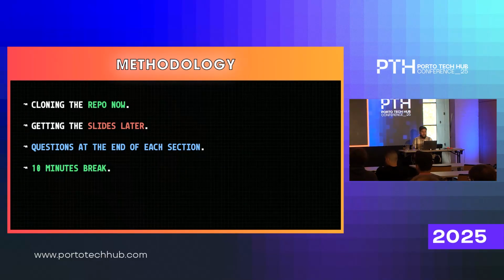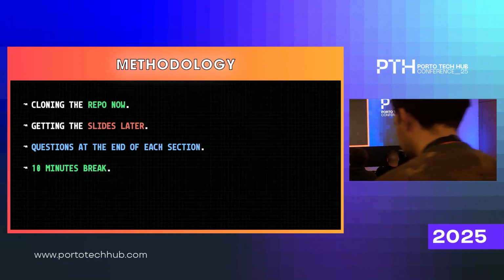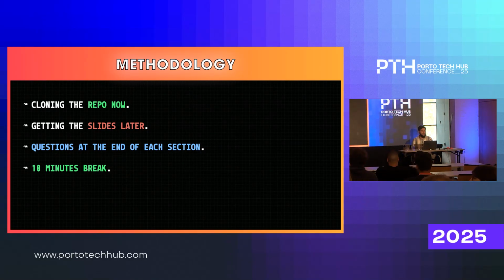So the methodology is, there's a GitHub repo, which I'll share the link with you, and you can clone that. If you don't want to, you don't have to, because I'm going to be sharing my screen. And again, it's not like there's a specific exercise for you. It's more like if you want to have the code hands-on for you to experiment with as I experiment. I will also be sharing all the slides you see with you, so if you miss anything or if a certain concept is not clear, you have access to all of that.